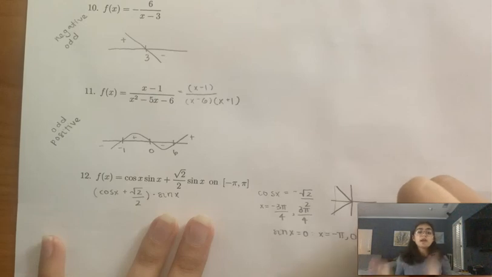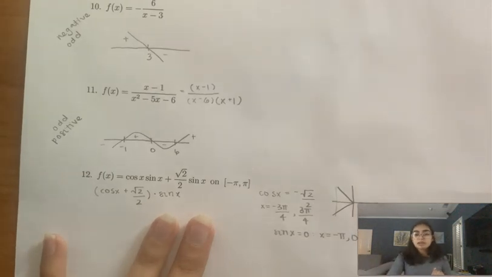So going back a little bit, you could see that cosine x is equal to negative square root of 2 over 2. You might be wondering why we didn't make our factor equal to 0 like we did for sine of x. But technically, we actually did make it equal to 0.